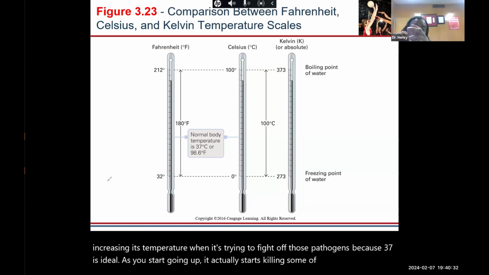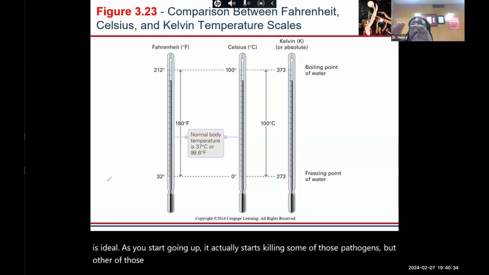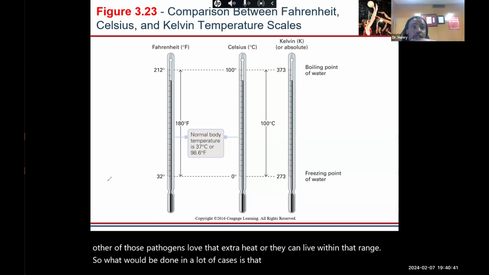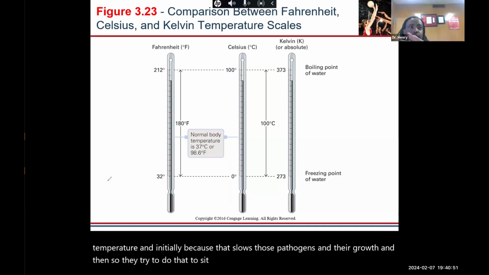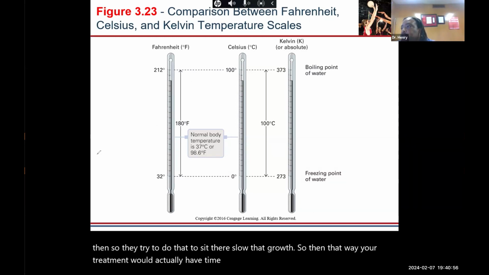But others love that extra heat, or they can live within that range. So what would be done in a lot of cases is that they would actually drop your temperature, because that slows those pathogens in their growth. So then your treatment would have time to catch up with the bacteria.